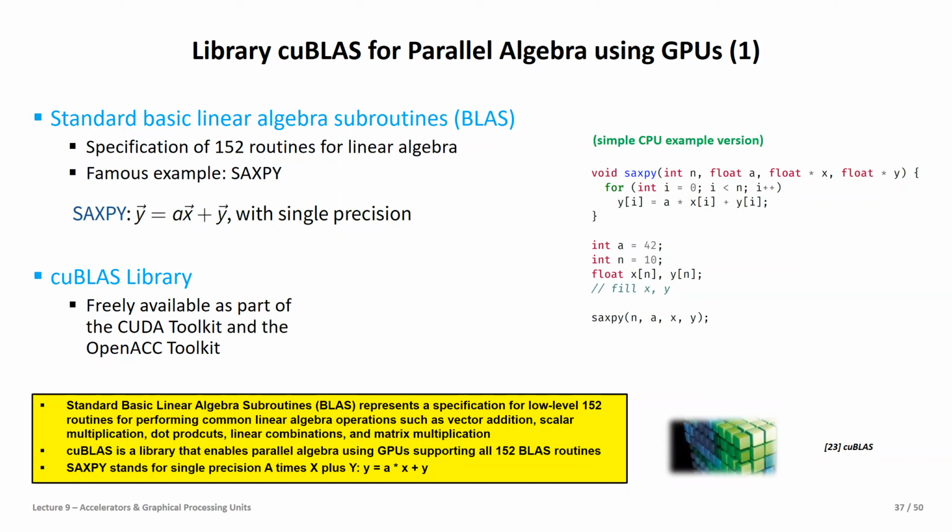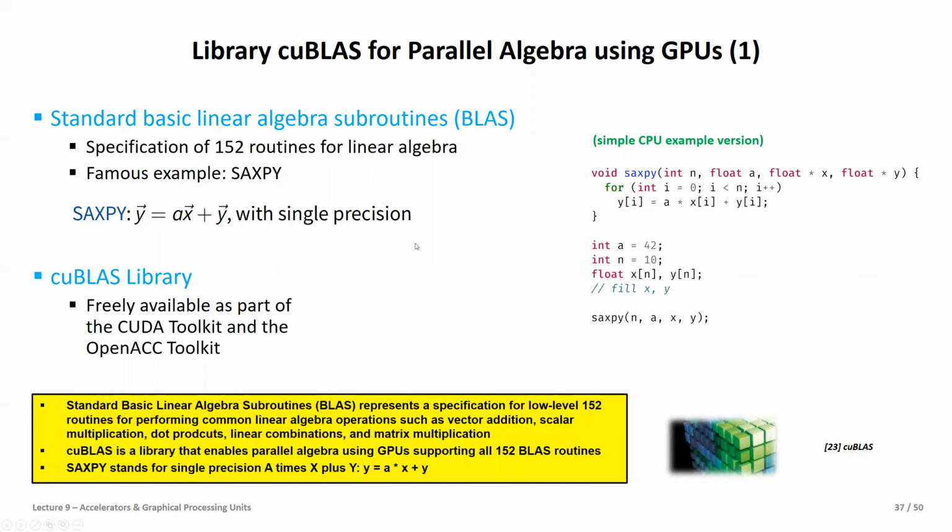It's a collection of around 150 routines for linear algebra, which are very easy to understand and incredibly often used. One of them is SAXPY, which is defined as a single precision A times X plus Y, with S for single precision.